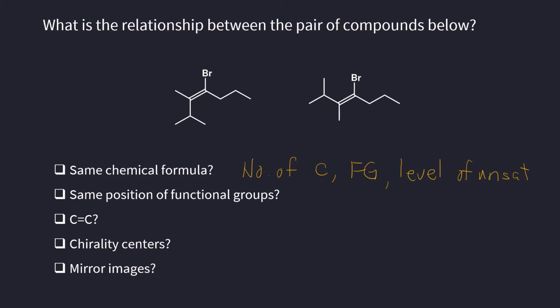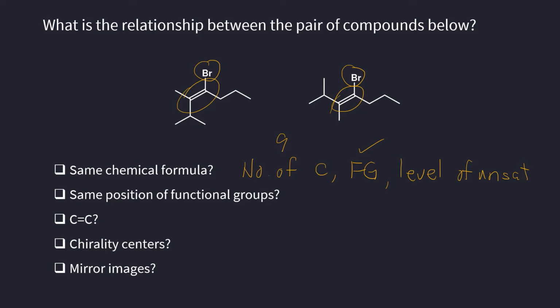If you check the compound on the right and the compound on the left, they both have 9 carbons. And they have the exact same kind of functional group. They have a bromo group as well as a double bond. So they have the same number of functional groups.